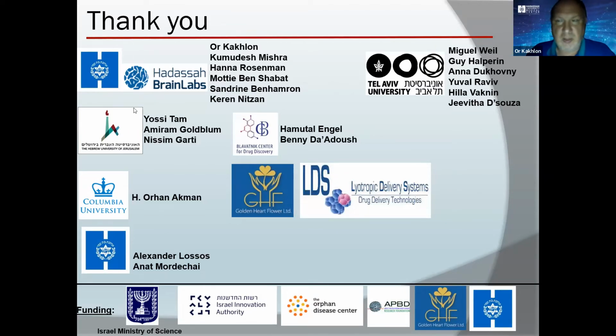Metabolic cages were done in collaboration with Yossi Tam at Hebrew University, and the medicinal chemistry and computational chemistry were done by Benny Dadush and Tali Angel in the Robotics Center of Tel Aviv University. Mice were produced by Dr. Ackman from Columbia University, and patient material was provided by Alex Lossos and Anat Mordechai. Again, we would like to thank LBS and GHF, to which GHF201 was out-licensed.